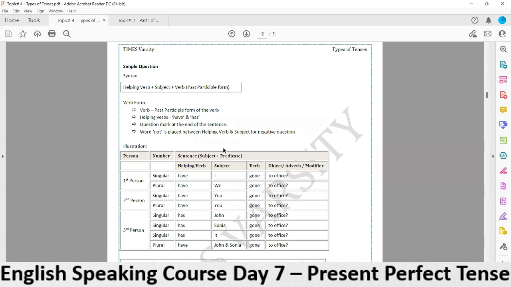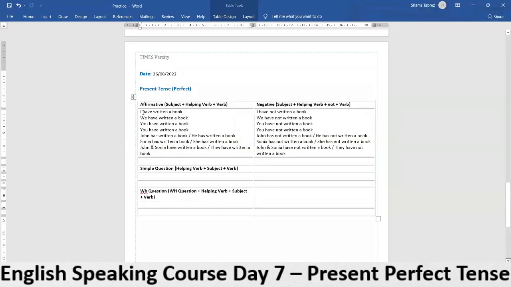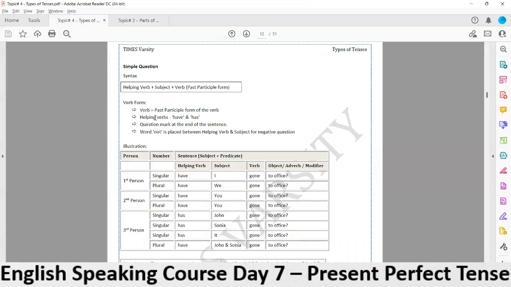Okay, so if we look at the simple question, in the affirmative we have first the subject, then the helping verb and the verb. So whatever helping verb is applicable for the pronoun, that helping verb comes first. Like, have I gone to office?